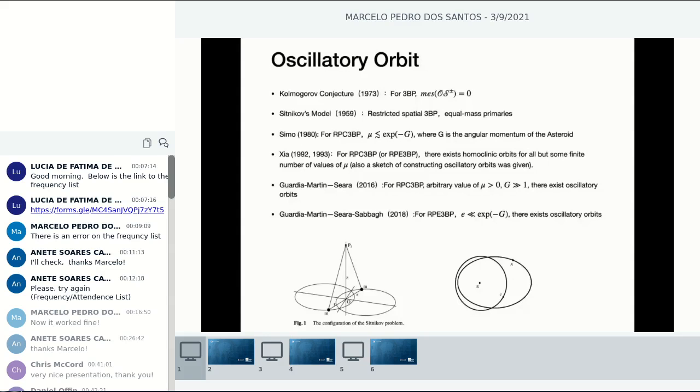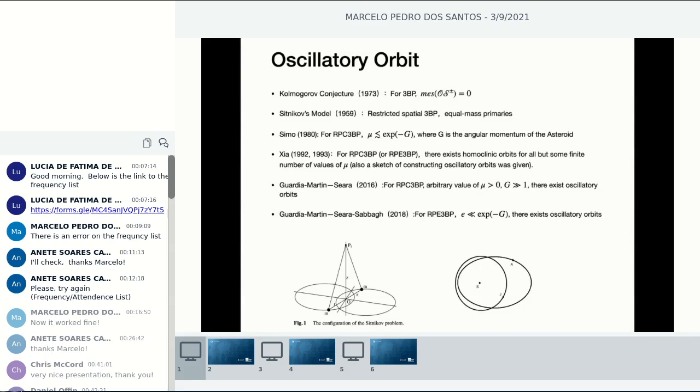Another work is by Guardia, Martin and Seara, published in 2016 on the invention of mass. In this paper, just like the previous paper, they consider the same RPC three-body problem, but they removed the assumption on the mass of Jupiter, mu.